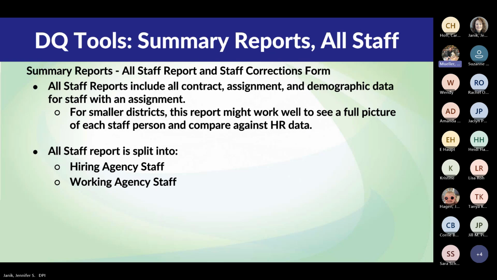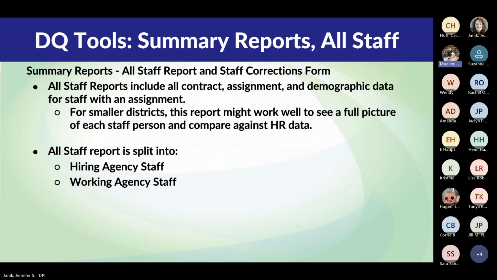So the first group of reports we'll cover are the summary reports, which include a view of all combined staff data, including contract, assignment, and demographic details. The all staff reports and staff corrections form are examples of summary reports. Both are available in the reports menu and contain a combination of contract, assignment, and demographic data.